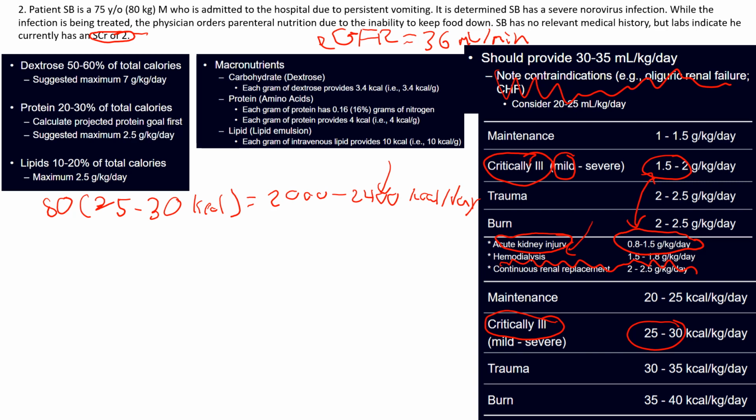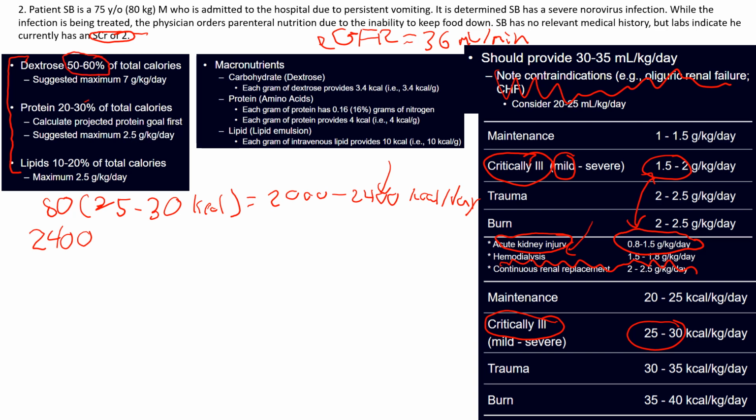Now, 2,400 is essentially going to be our budget, quote unquote. We have this value, and we're trying to get dextrose, proteins, and lipids within this value. And what I just bracketed are things we need to remember. Ideally, we want our dextrose to be between half and 60% of our daily calories.